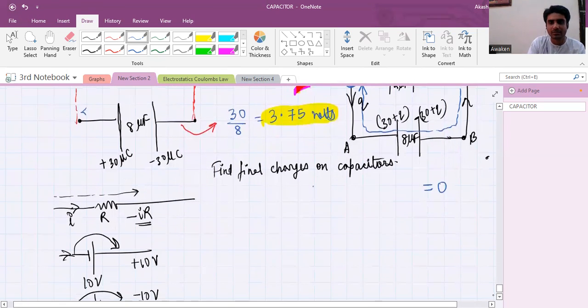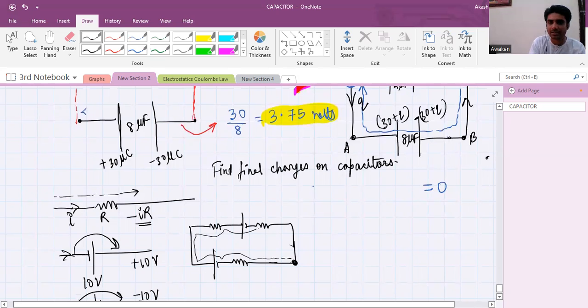A circuit is never complicated. We travel from this point, keep on writing minus IR plus E, minus IR plus E. If you reach back at this point, I'm writing something like VA plus so on, so on, and finally we write equals VA.